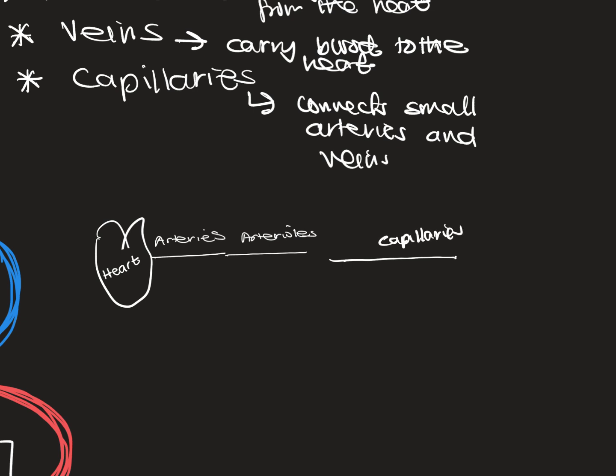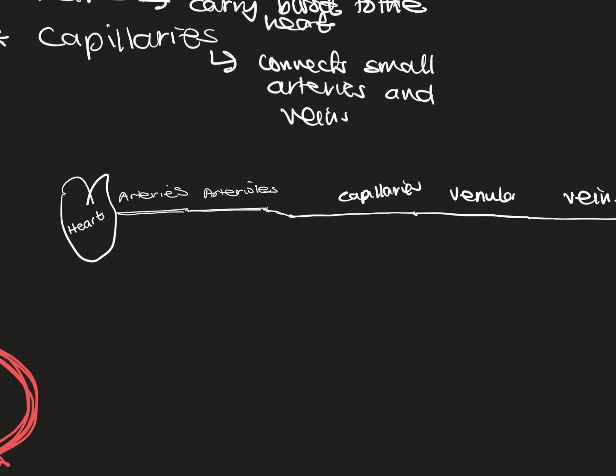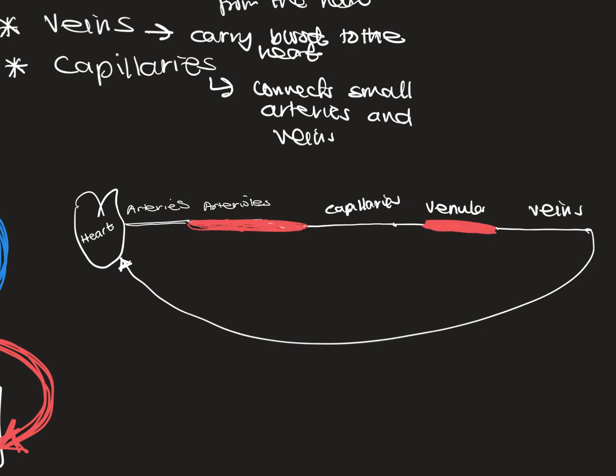And from the capillaries, you have the venules, small veins. And from the venules, you have larger veins, okay? Then veins return the blood to the heart. All right? So from the arteries, you have the arterioles, then the capillaries, then the venules, then the veins, then back to the heart.